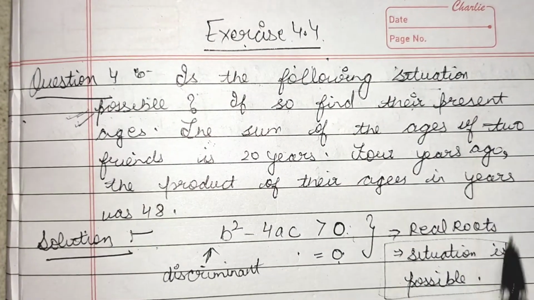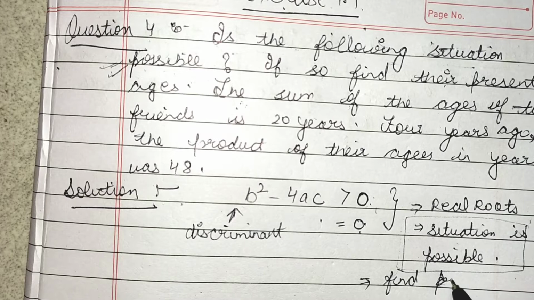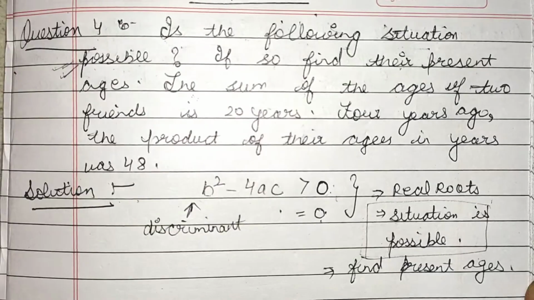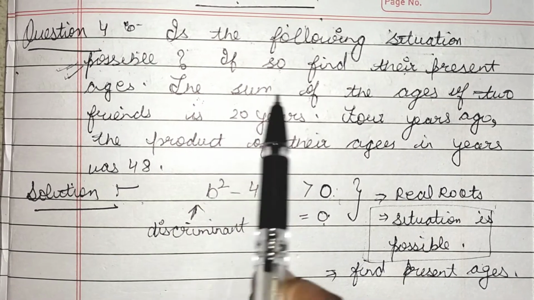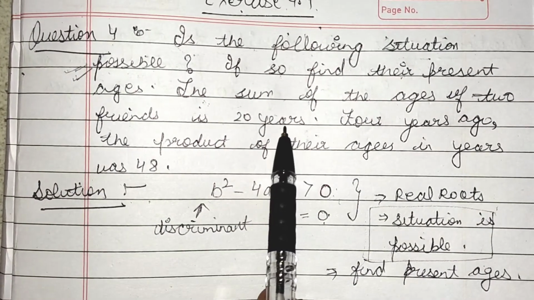If this situation is possible, then you have to find the present ages. What is the condition? It is given after that. The sum of the ages of the two friends is 20 years.